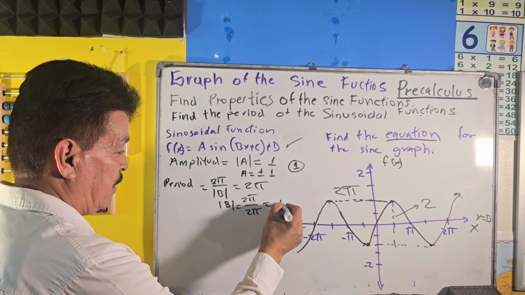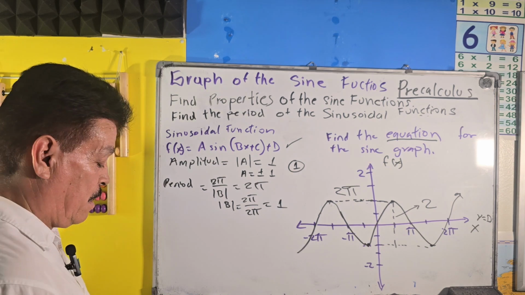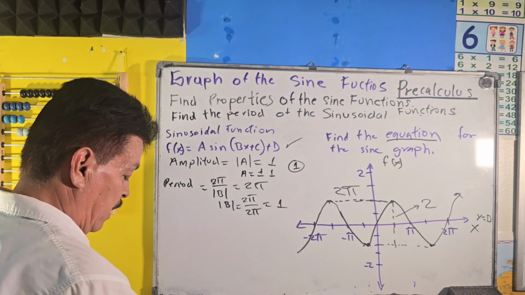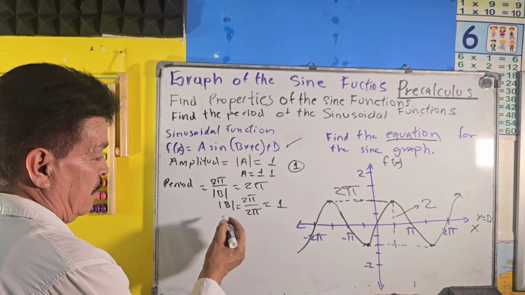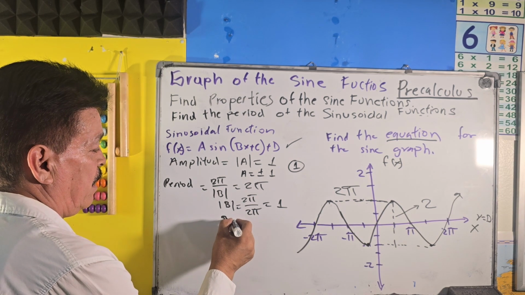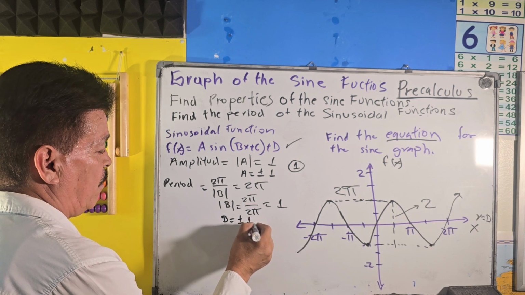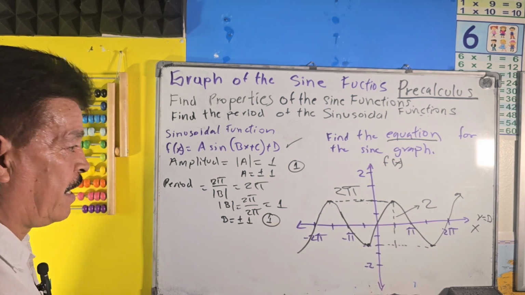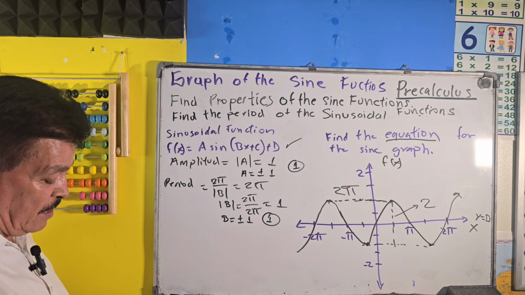So this means it is equal to 1. All right, it is 1. So we have to choose positive or negative. So b is equal to positive or negative 1. We have to choose 1. Okay, I am doing it step by step.